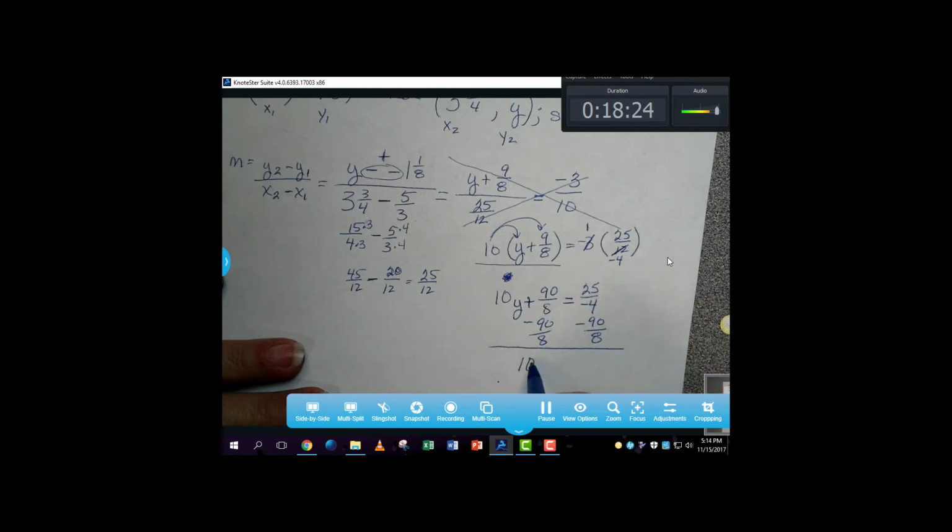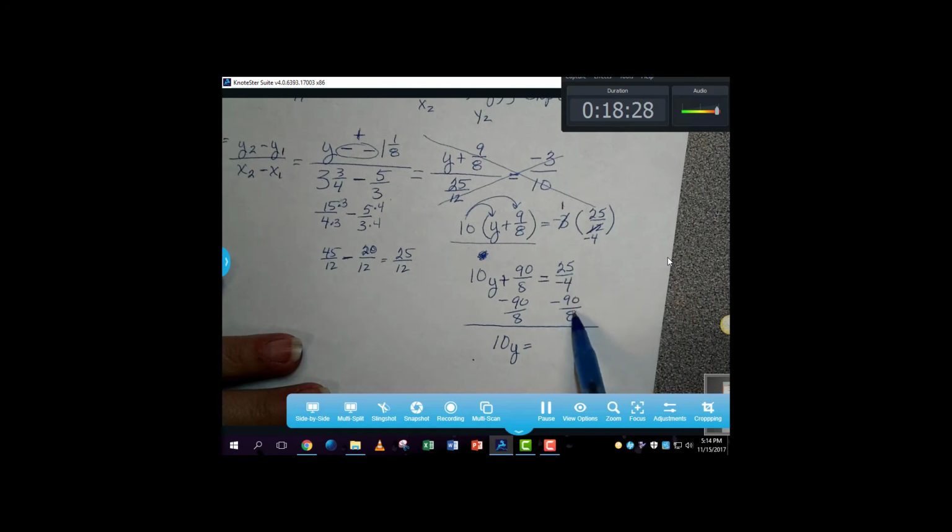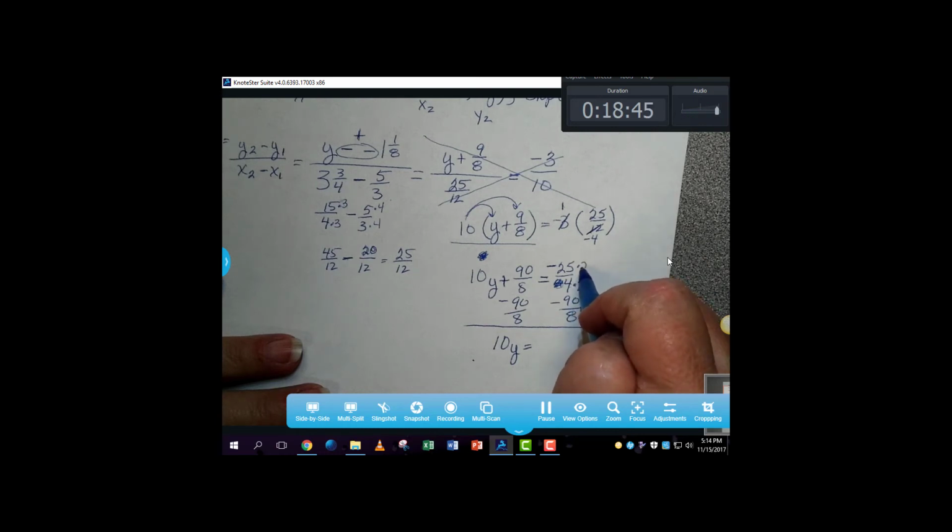That's going to give me 10y equals, well, crud. I can't do this quite yet, can I? Because this has got to have a denominator of 8. I'm going to take that negative sign and put it in the numerator. And then to turn this into an 8, I need to multiply by 2.